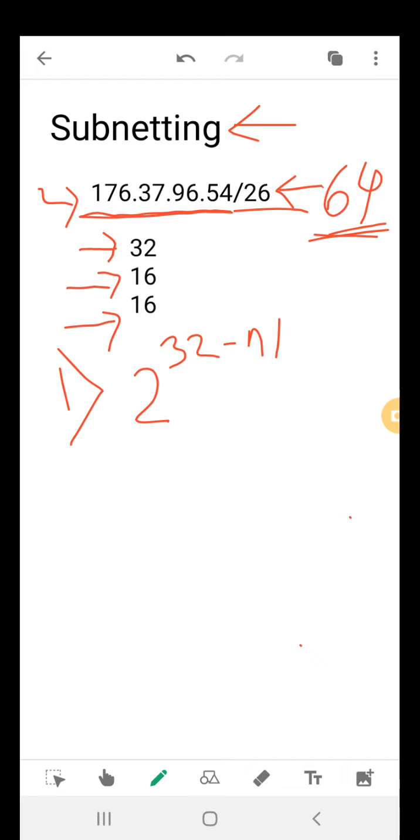So 2^(32 minus N1) should equal 32. What will be the value of N1? You can take logarithm on both sides, or you can write 32 as 2^5. So 32 minus N1 equals 5, and N1 will be 27.